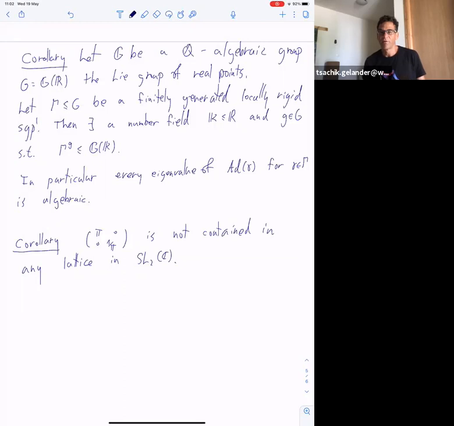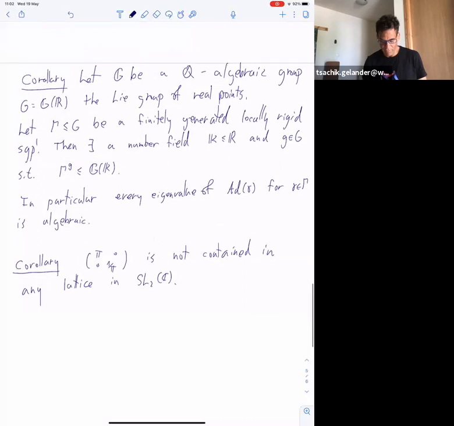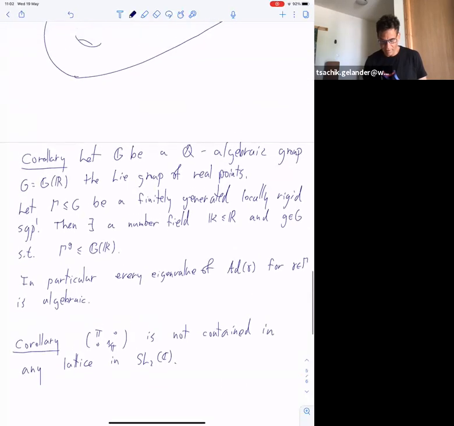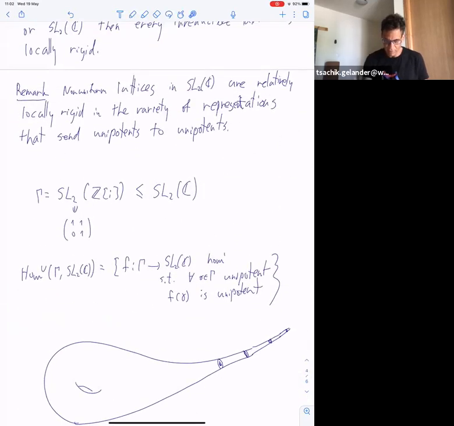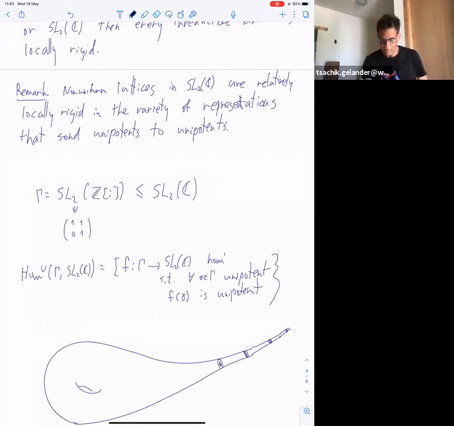Tsachik, didn't we exclude SL2C beforehand? Yes, we excluded SL2C, but then I said that in SL2C you don't have local rigidity, you have relative local rigidity, and this is enough for the application.